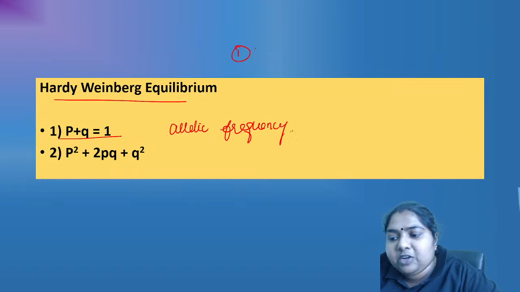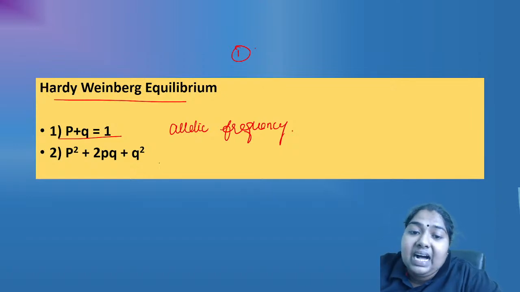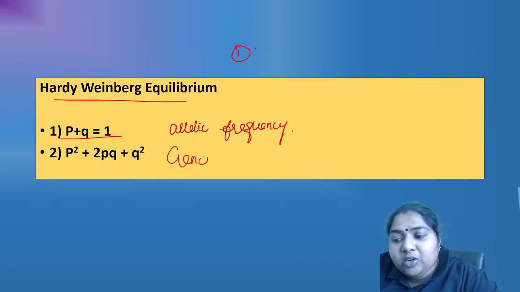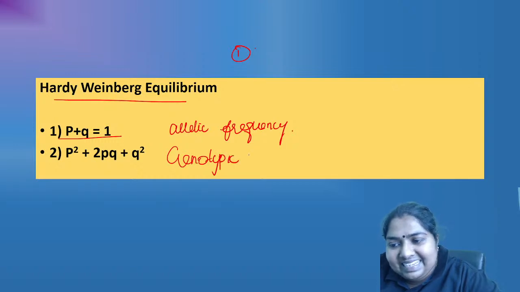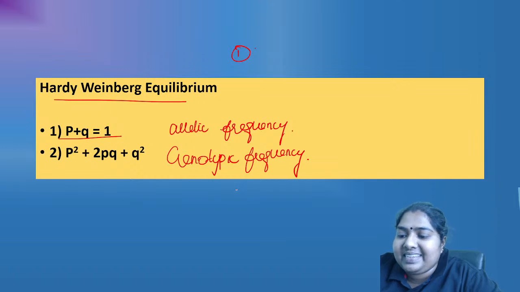So for the allelic frequency, you will use p plus q is equal to 1. Whenever it is asked for the genotypic frequency, you have to use the formula p squared plus 2pq plus q squared.